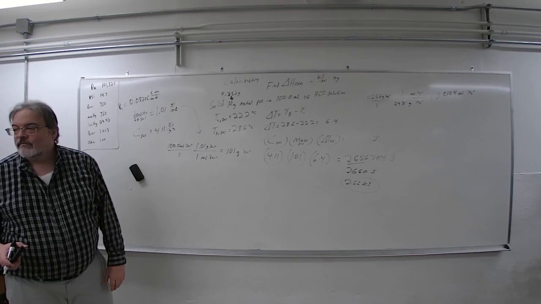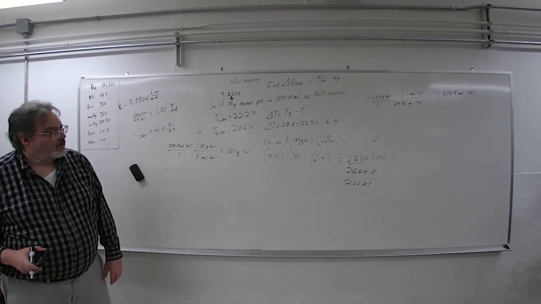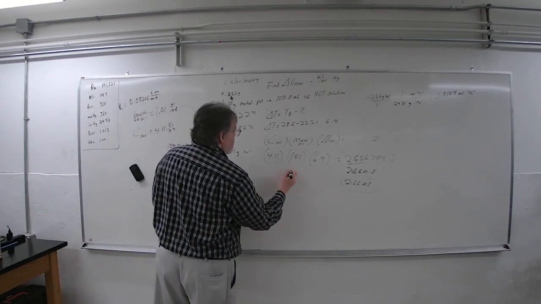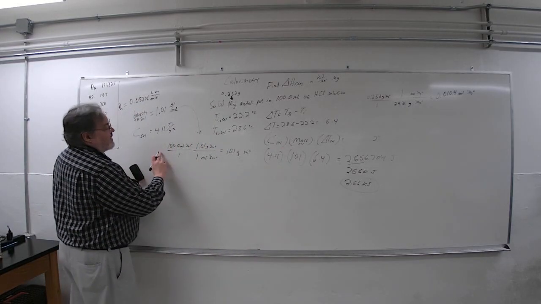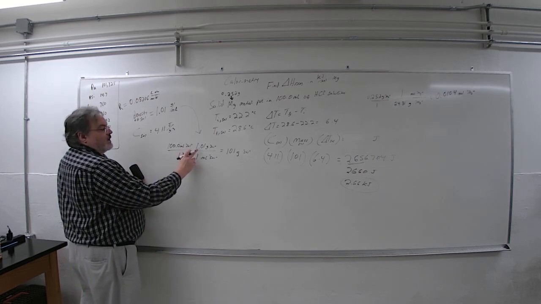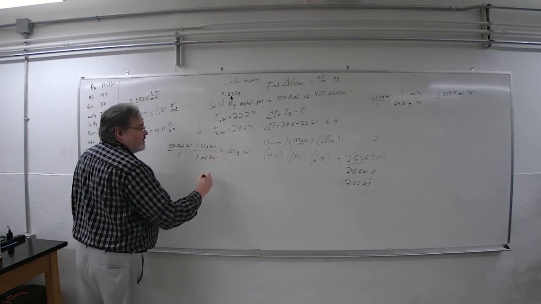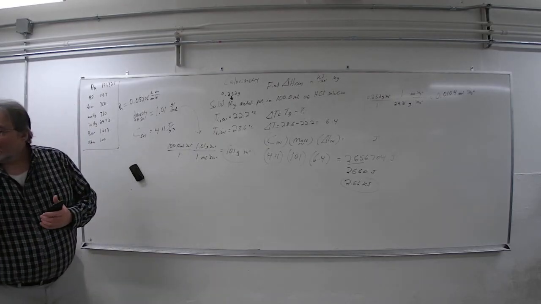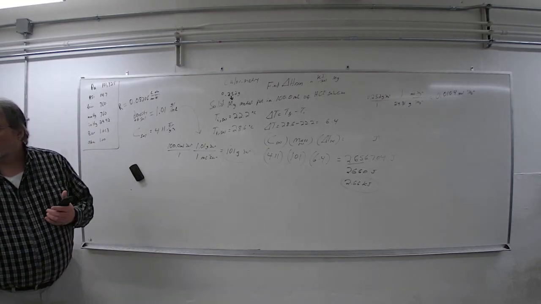So is that mass supposed to be 1.01? No, 101. We had 100 milliliters of solution. So we found this for the grams. 100 milliliters of solution ends up weighing 101 grams.